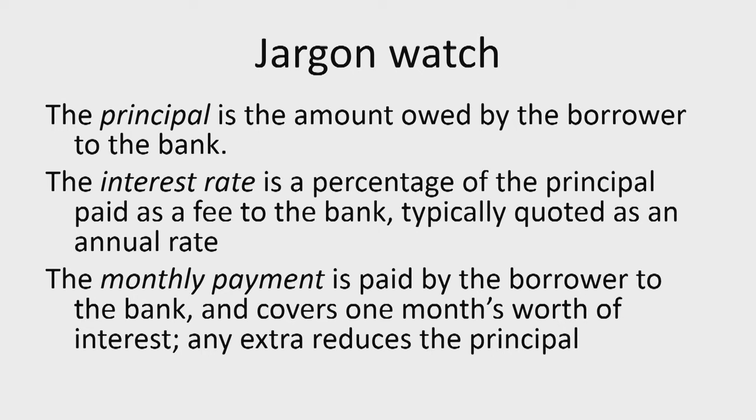If you pay more than $1,000, then the $1,000 pays off the interest, and anything extra pays down the principal, so that the next month the interest is a little bit smaller, because the principal is a little bit smaller. So if you can pay off a larger and larger amount every month, then you can reduce the principal faster and faster, which means that you pay less and less interest over time, right?